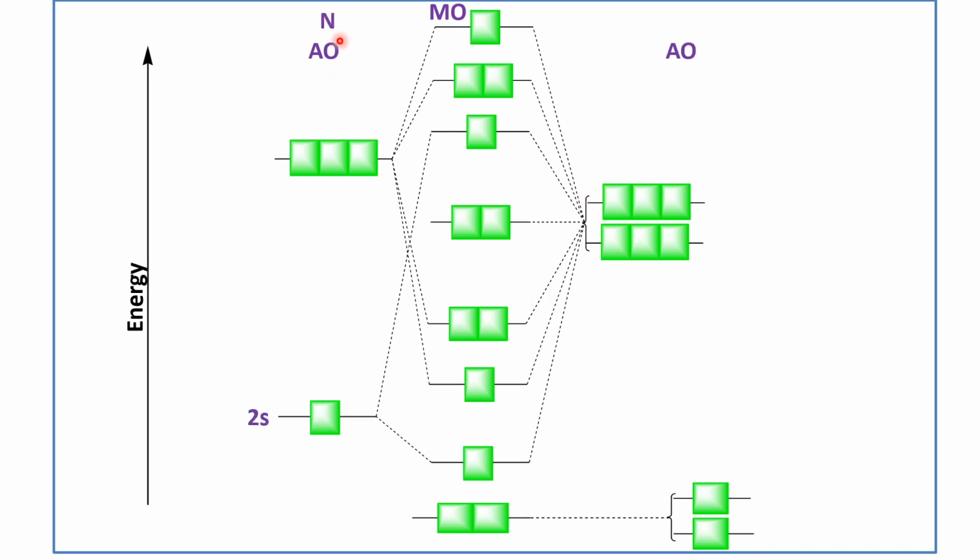So the atomic orbitals of nitrogen are 2s and 2p. The other atomic orbitals are for the 2 oxygen atoms, labeled oxygen A and oxygen B. So their atomic orbitals are 2sa, 2sb, then 2pa and 2pb.